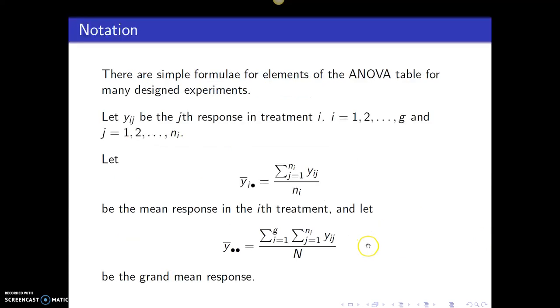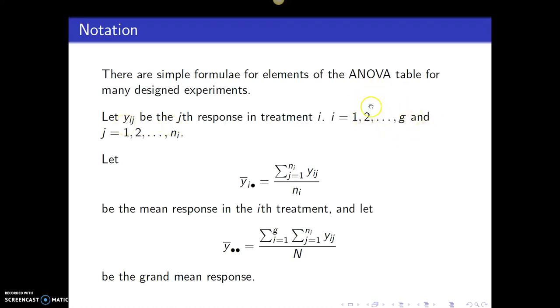So there are some simple formulas that we'll just take a look at. I don't like hand computations of this because it's just very tedious, I think, but let's make sure we understand it. First, Yij is the jth response in treatment i.